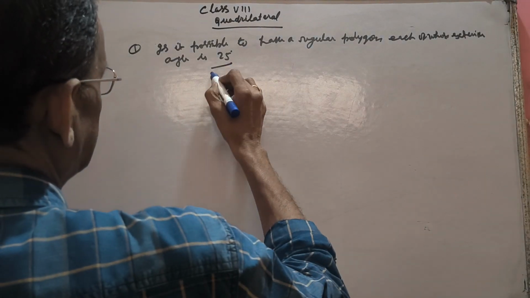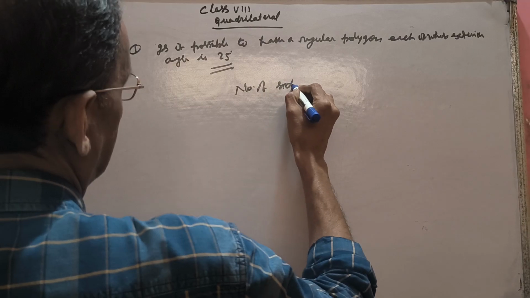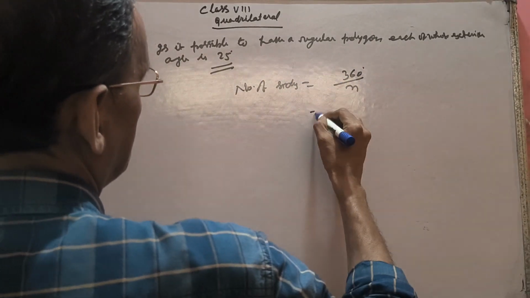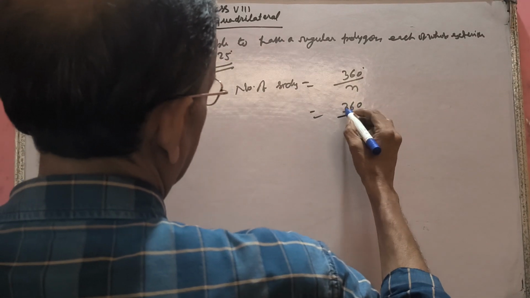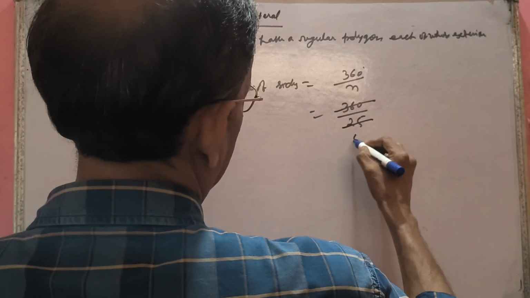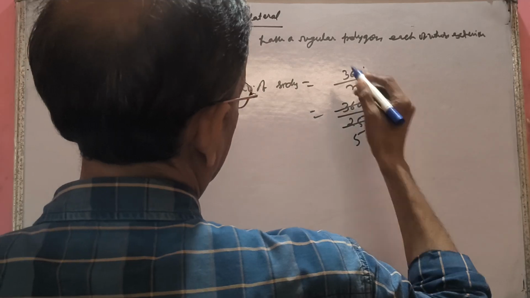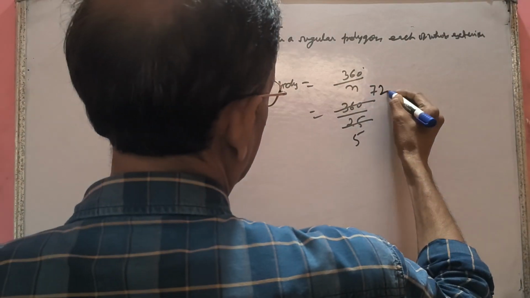Now see, if each exterior angle is given, you can calculate the number of sides. The number of sides equals 360 degrees divided by the exterior angle, as given in the formula. Here the exterior angle is 25. Dividing, 5 sevens are 35, 5 twos are 10, we get 72 over 5.